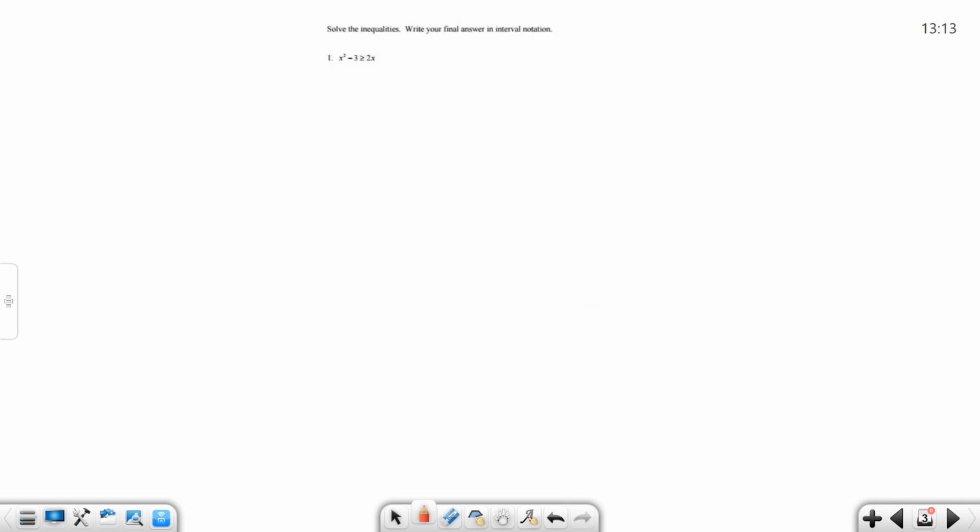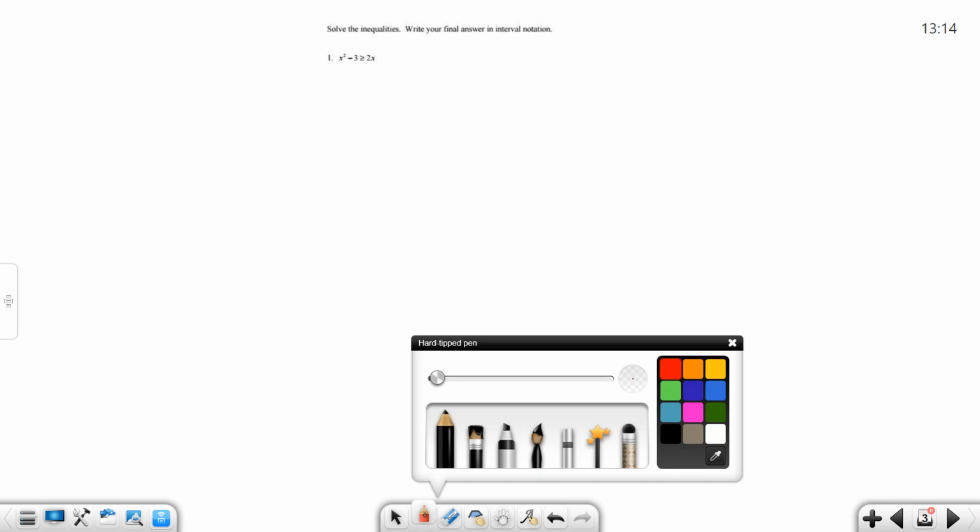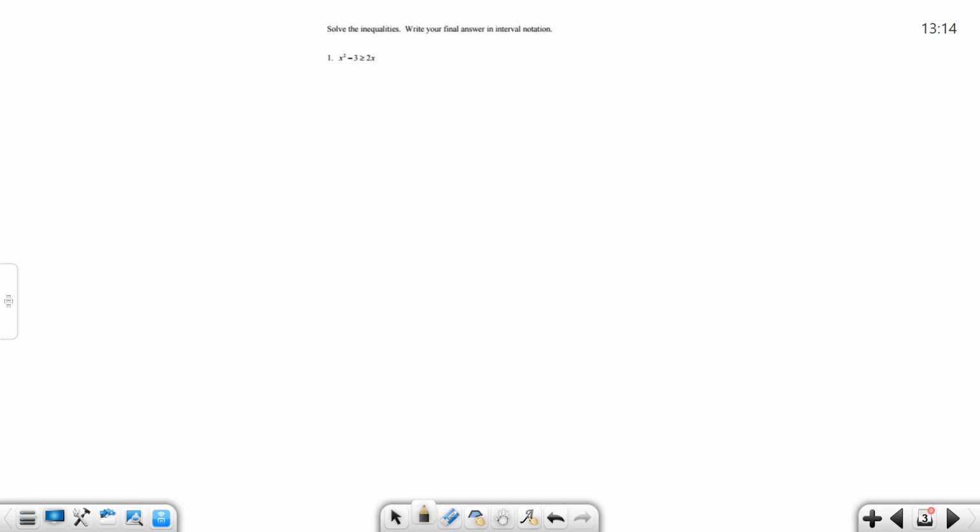So let's start one. I ask you to solve the inequalities and write your answer in interval notation. My problem looks like this. Okay, so the first step says make sure that it's in standard form, make sure it's factored with the right-hand side 0. So I need to move my 2x over. When I move the 2x over, it changes signs.